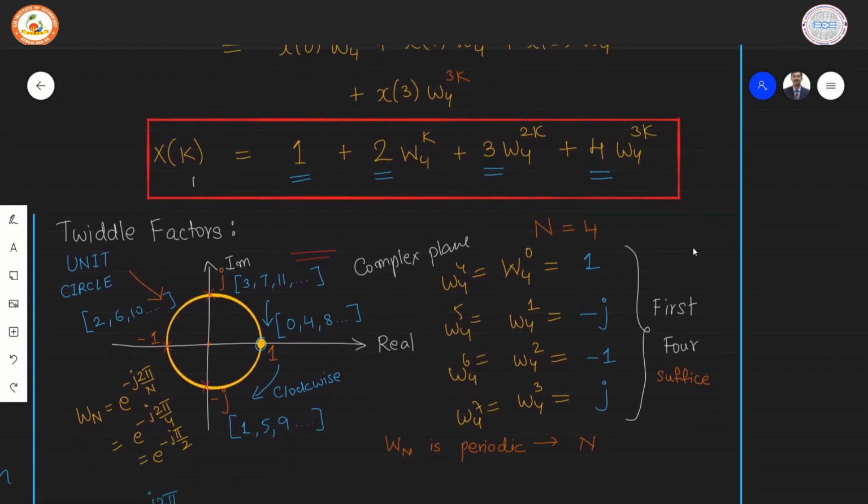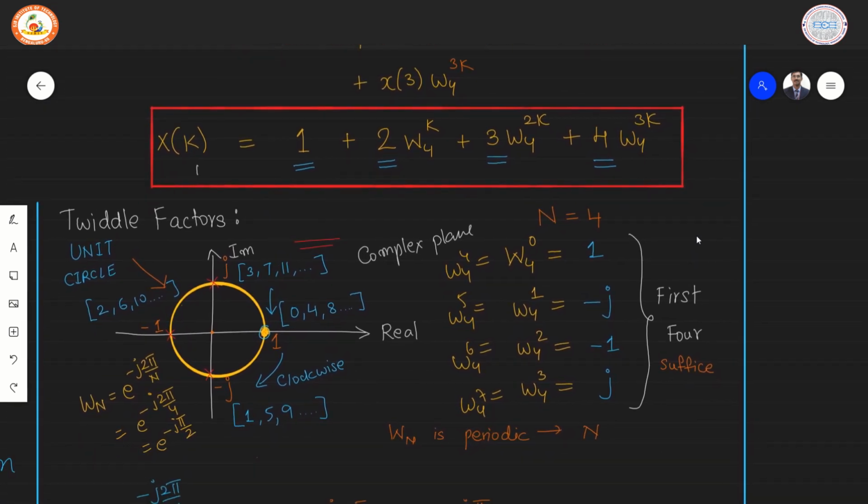The first way you can calculate the twiddle factor power is by considering the unit circle on the complex plane. Now this fact results from the notation of W_N in the exponential form, which is e to the power of minus j2 pi by N.